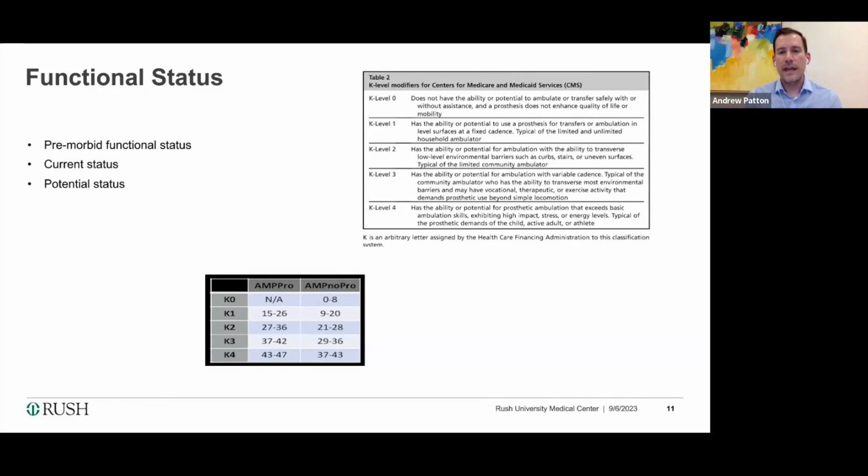The K level, K doesn't actually mean anything. It was an arbitrary letter that CMS assigned to it when they were coming up with this. So just know it's called K, but it doesn't stand for anything. But there's basically 0 through 4. So 0 just means that the person doesn't really have the ability to utilize a prosthesis, maybe cognitive issues or health issues, or they wouldn't benefit from having it.